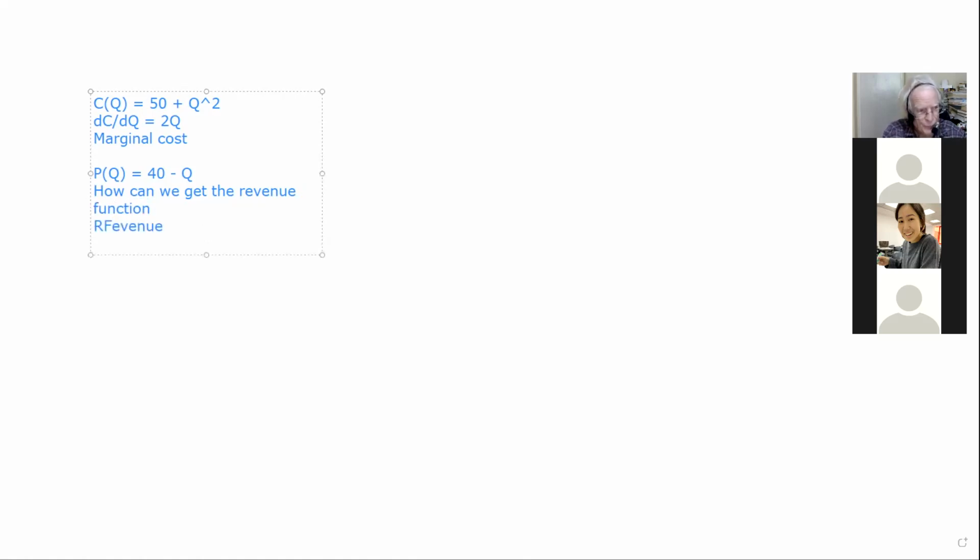So revenue, as always, is the amount of money that we make by selling airline tickets, or the price times quantity.